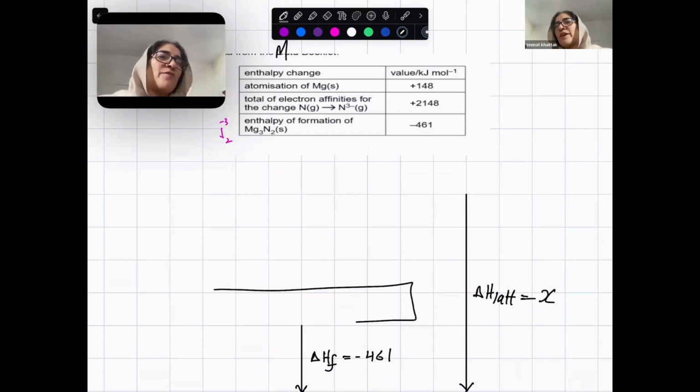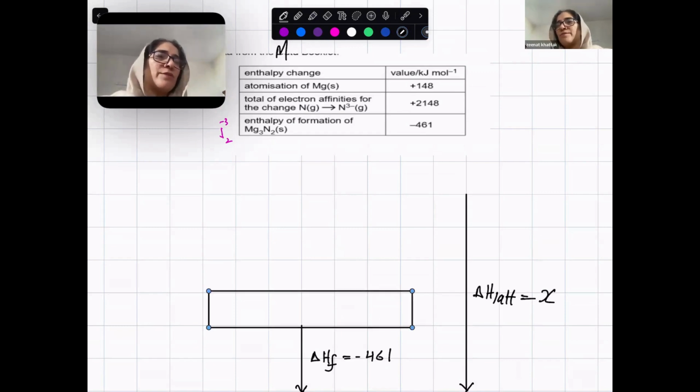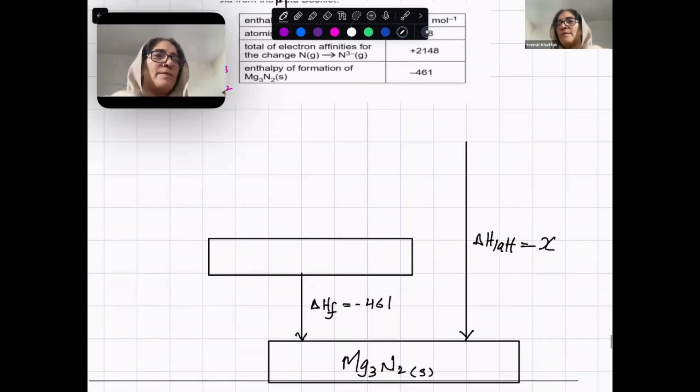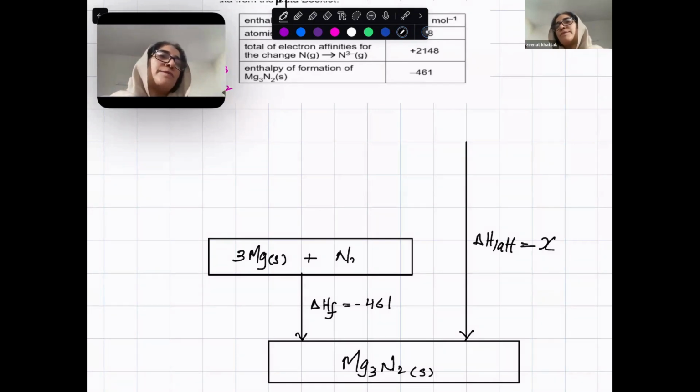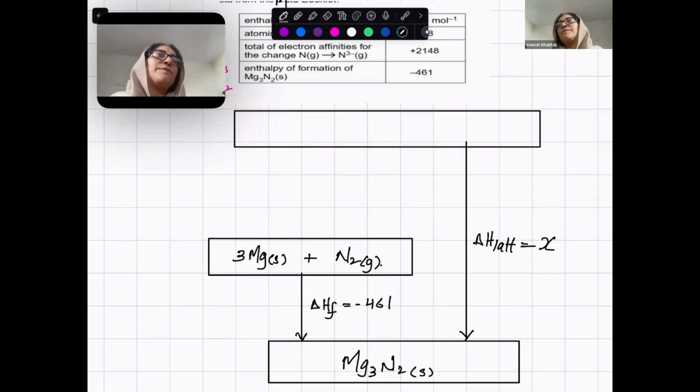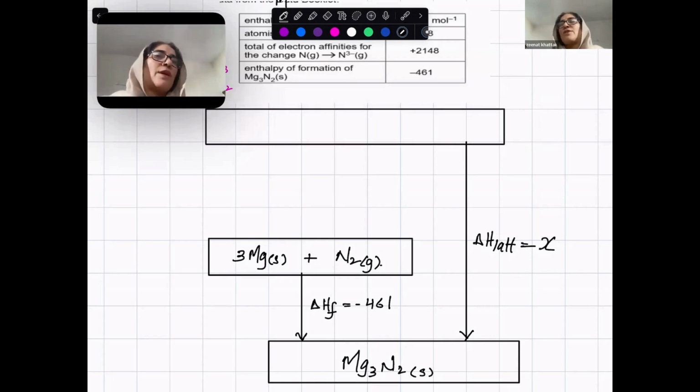The formation of magnesium nitride is from 3 magnesium solid and nitrogen. And the delta H lattice is from 3 magnesium ions and 2 nitride ions.